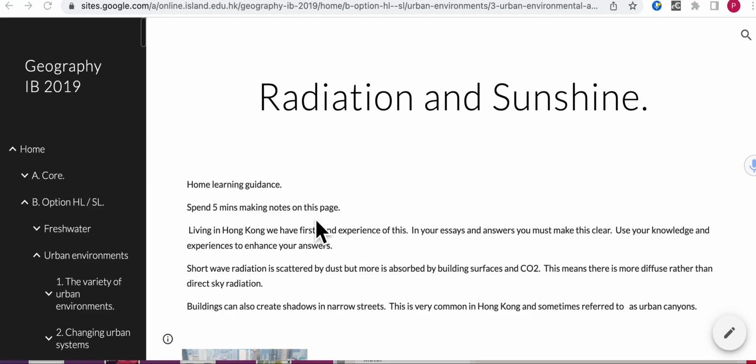So in this video we're going to specifically look at radiation, solar radiation and sunshine. If you live in a large city like Hong Kong that is highly urbanised, you will have come across this problem at street level: because of the tall buildings, the street level is in constant shade, and we call those urban canyons.